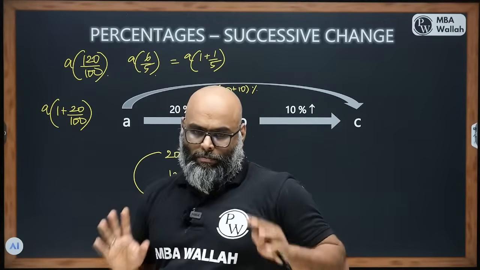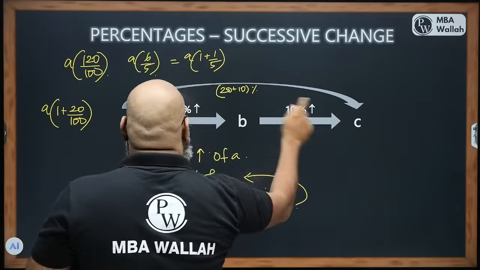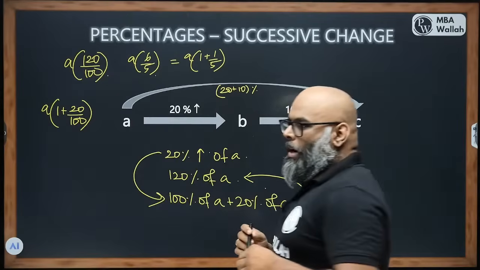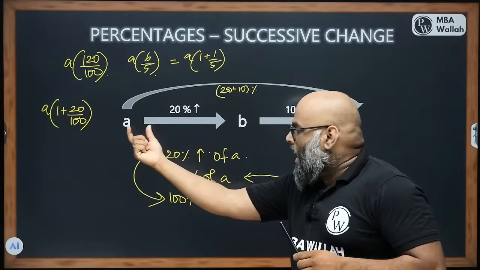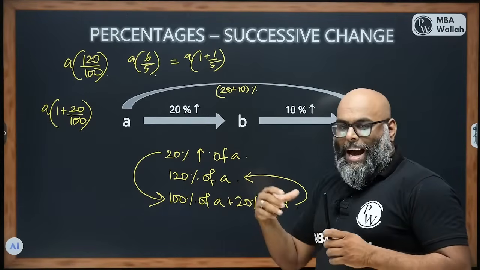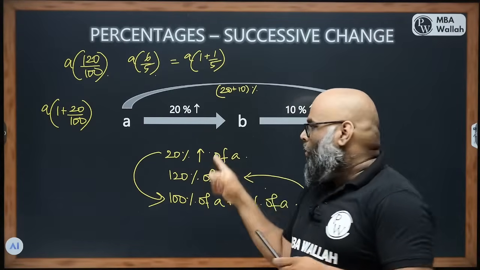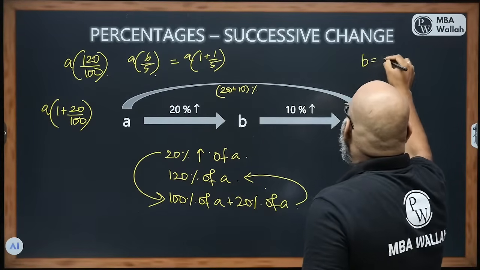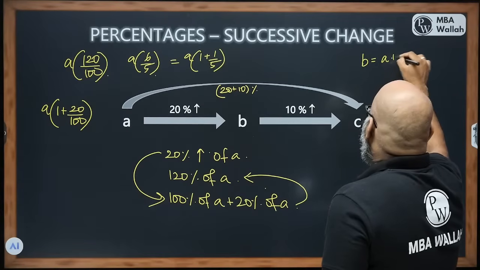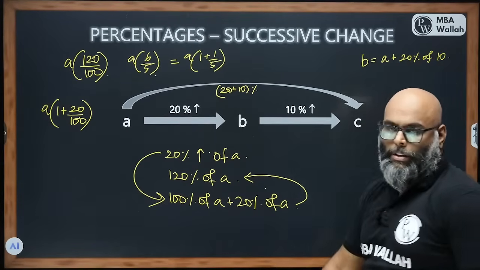Okay? Remember this. Now, if you look at this format here, you need to understand A was increased by 20%. So B has a 20% of A extra attached to it. What is B equal to? A plus 20% of A. Correct?